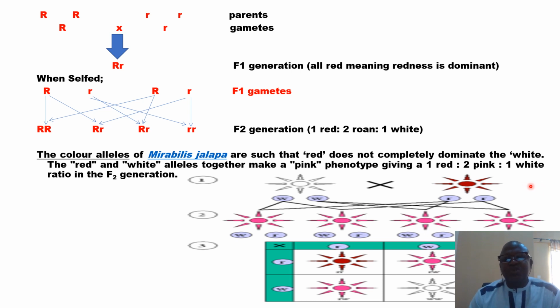It will give us a ratio of 1 red, 2 pink flower, and 1 white, in the ratio of 1:2:1. So there's 1 red, we have 2 pink flower colors, and then there's 1 white. And all this is as a result of incomplete dominance by the dominant red color over the whiteness.